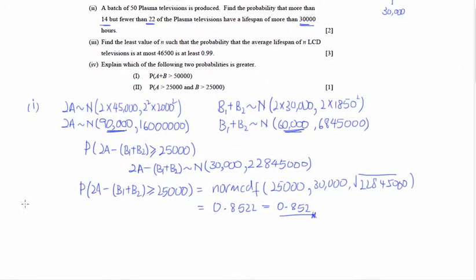So what we do for part 2 is we need to redefine our random variable. Since we haven't used X, that'll be a good idea. So let X be the number of plasma TVs which is having a lifespan of more than 30,000 hours.